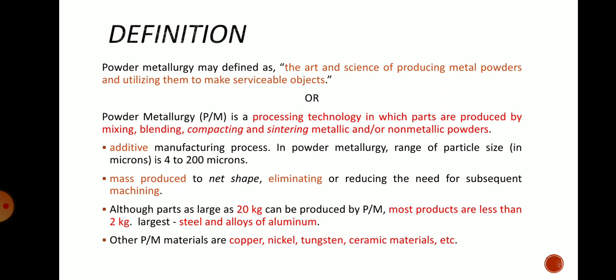Or this can also be defined as: powder metallurgy is a processing technology in which parts are produced by mixing, blending, compacting and sintering metallic and non-metallic powders. In this definition, all the processes also come. You can study and remember that second definition, because in that definition the sequence of processes is also given, and that is also important.